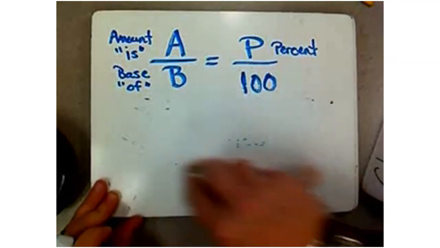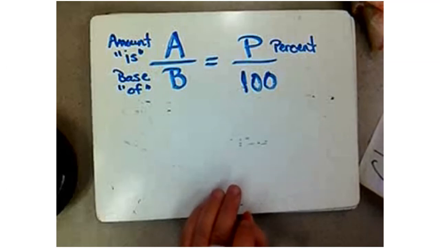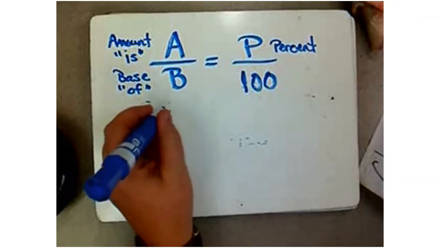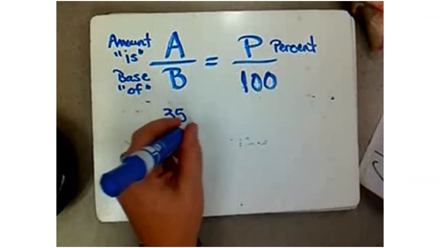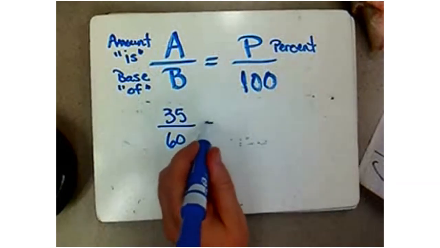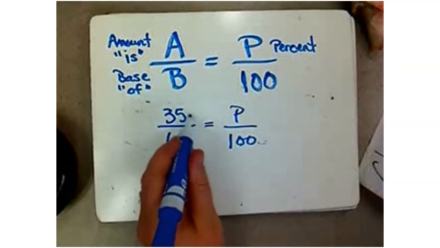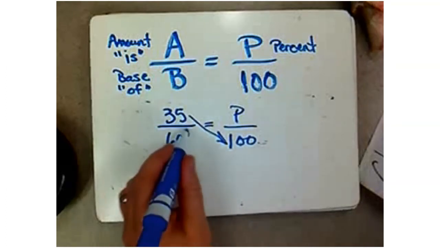Page 523, example 4. 35 milliliters of a 60 milliliter solution is hydrochloric acid. What percent of the solution is hydrochloric acid? So 35 of 60, that would be 35 over 60 equals P over 100. Cross multiply and divide.